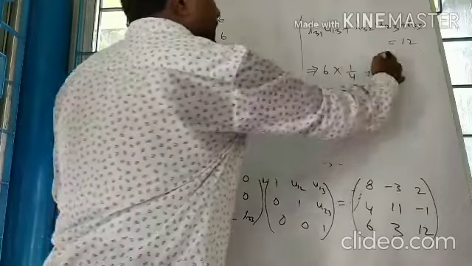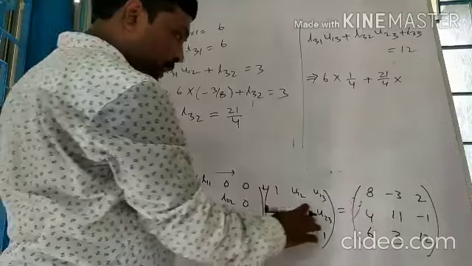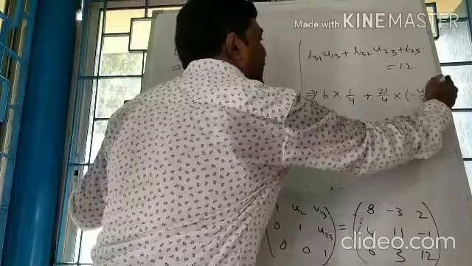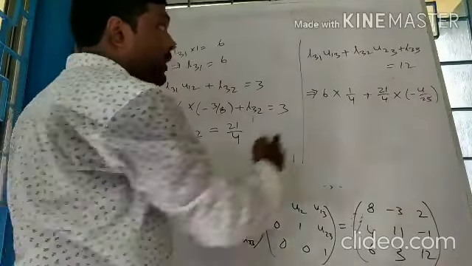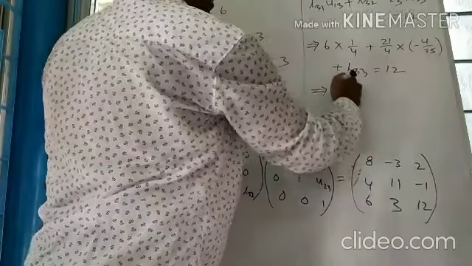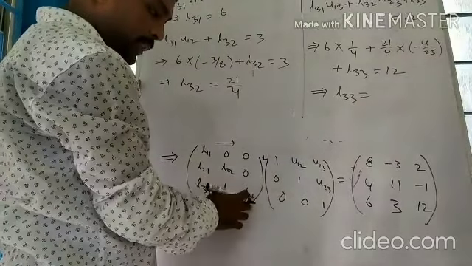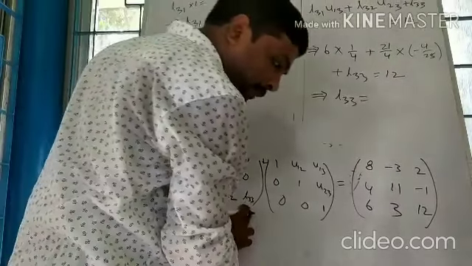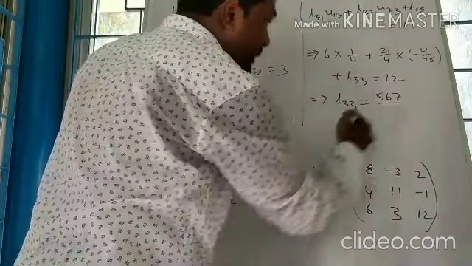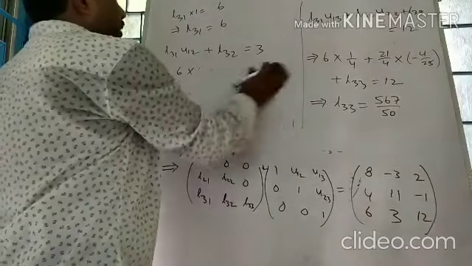L32 is 21 by 4. Now U23 is minus 4 by 25, plus L33 equals 12. So just simplify, L33 is 567 by 50.